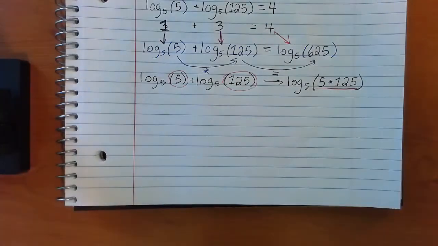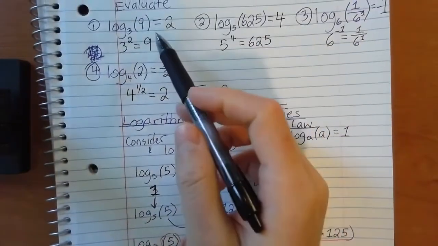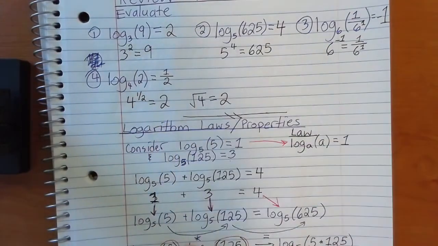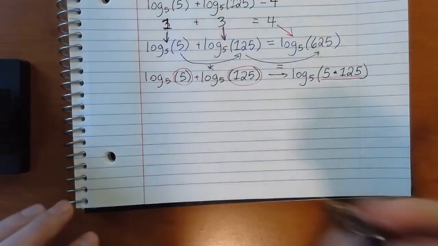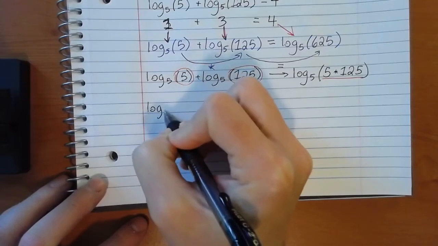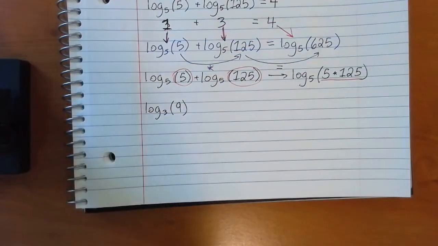Let's check this property to see if it's holding true for other examples. So if we look back up at the top, we have a problem that was log base 3 of 9 is equal to 2. So now let's use that. I know the answer to that was 2.